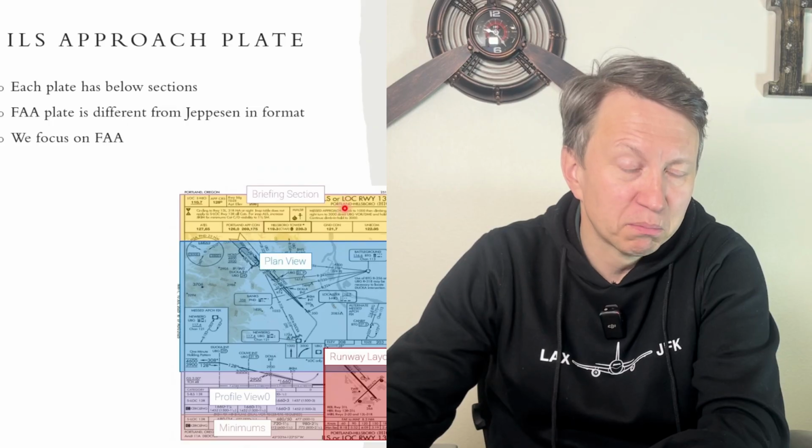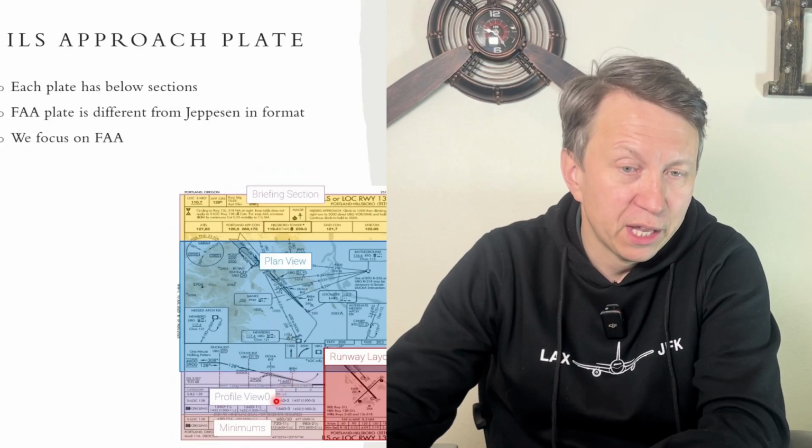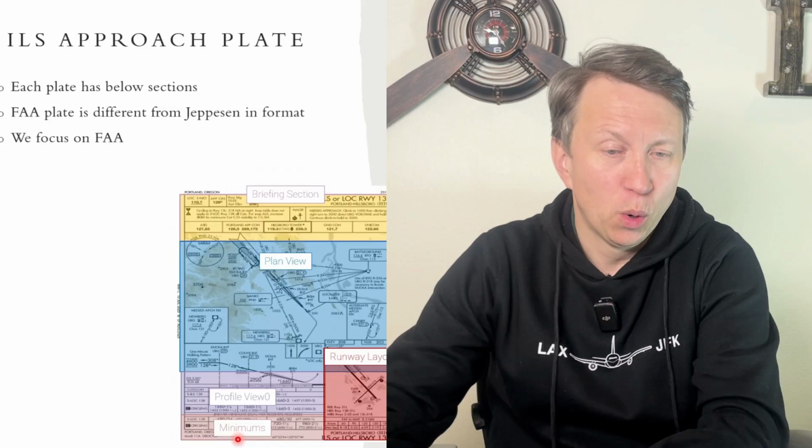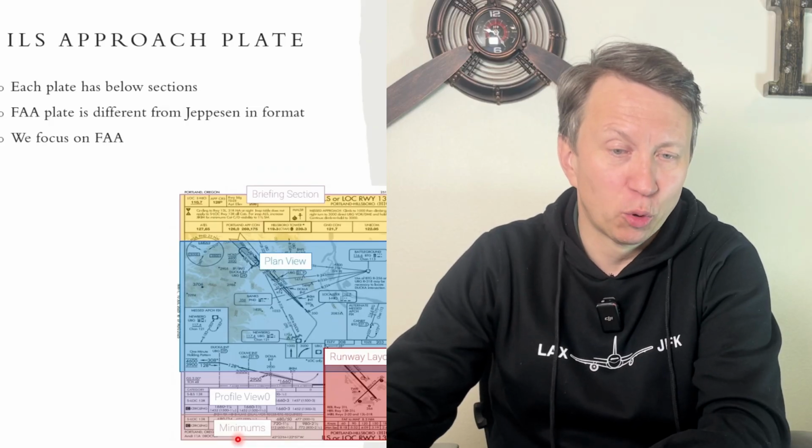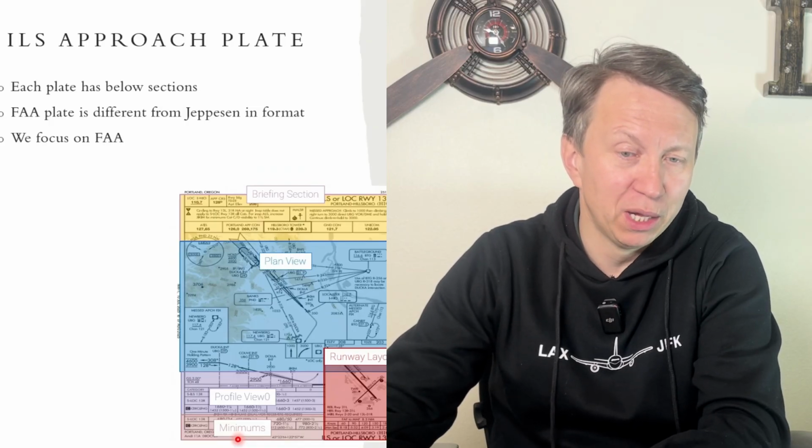Briefing section, notes, details, frequencies, plan view, looking from top down, and this plan view is drawn to scale. Then a profile view, not drawn to scale, but that gives you a quick view on waypoints, altitude restrictions, and descriptions. Then minimums down below, and that's where you are looking at the minimums that you can fly this approach to, and often there are multiple options.